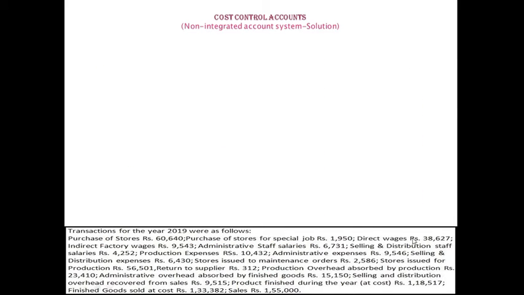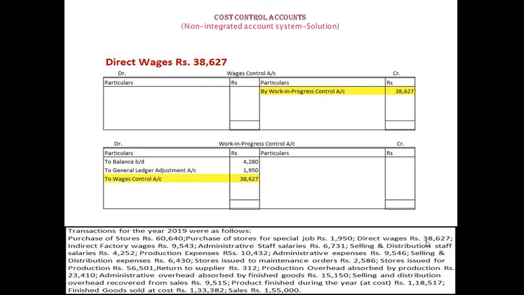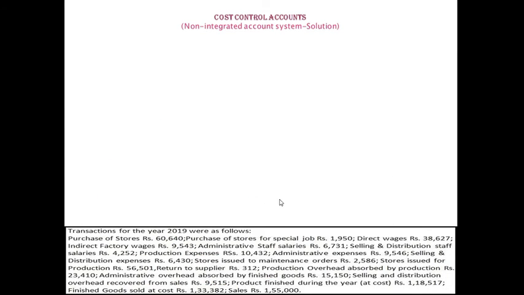Next one, direct wages 38,627. Under wages control account, work in progress control account 38,627 and in the work in progress control account to wages control account 38,627.